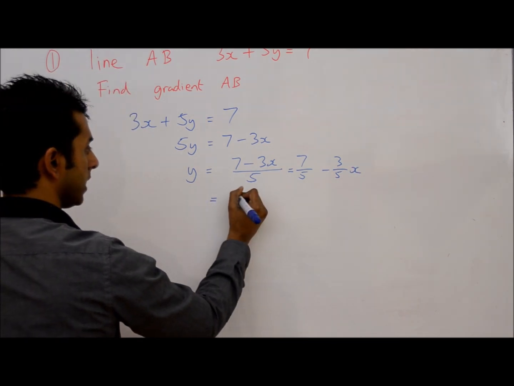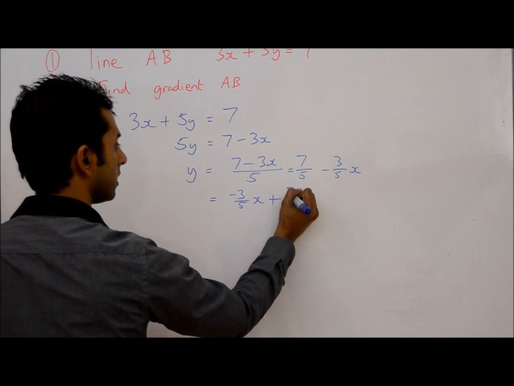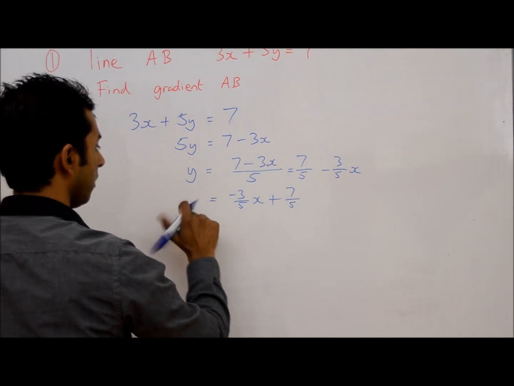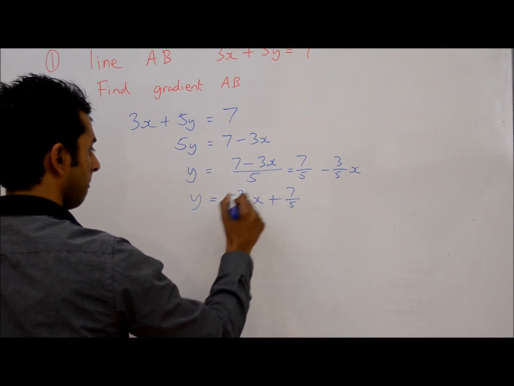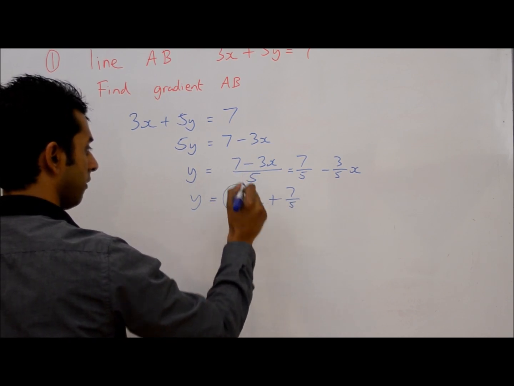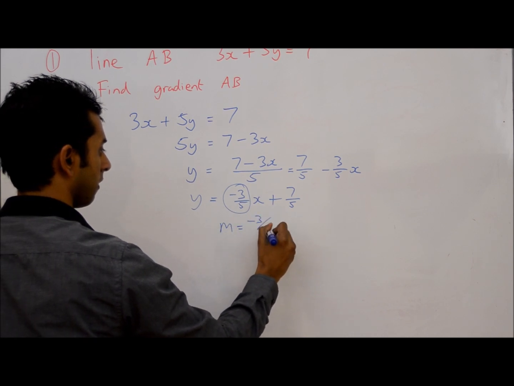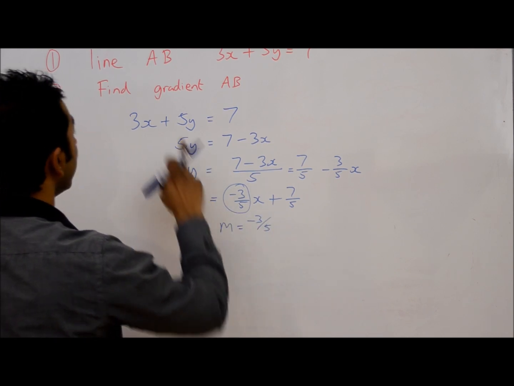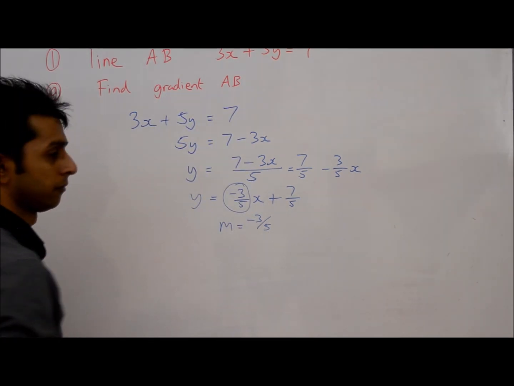You might want to write it as minus 3 over 5x plus 7 over 5. So it's now in the form y equals mx plus c. So m is the gradient, which is minus 3/5. So the gradient of the line AB is minus 3/5.